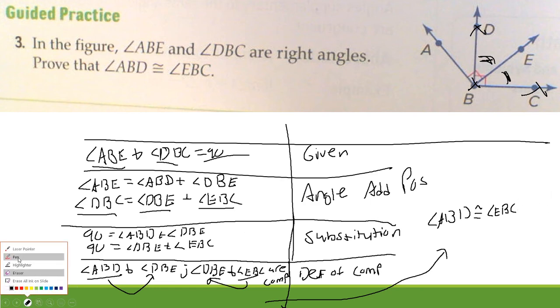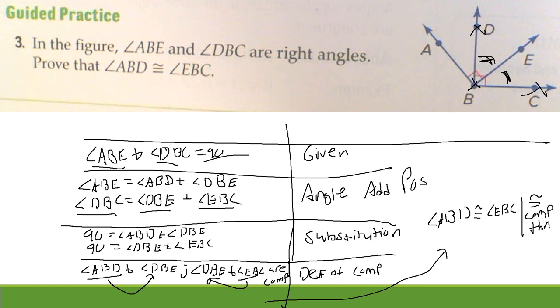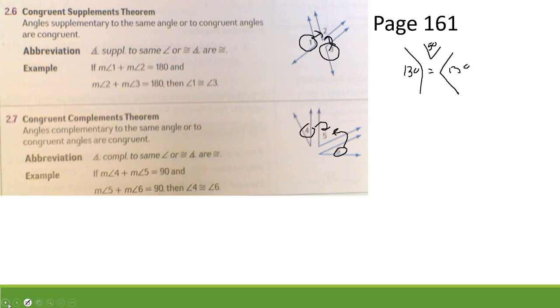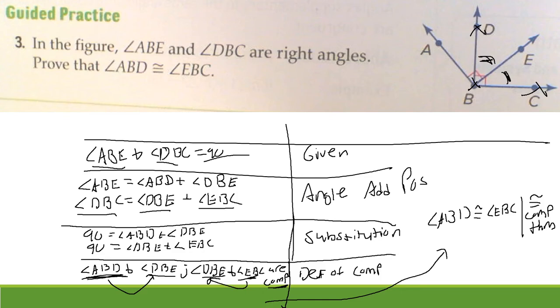That theorem says that if you have two angles that are complementary to the same angle, in this case DBE, then they have to be congruent to each other. Two angles that are complementary to the same angle are congruent to each other. So that's what we have here: two angles, ABD and EBC, that are complementary to the same angle DBE, therefore they have to be congruent to each other.